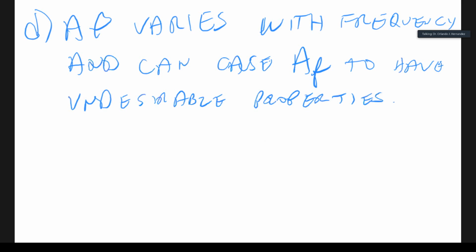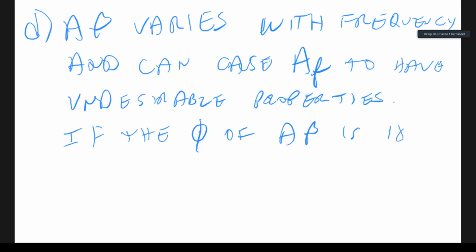Okay, so for example, if the phase of the loop gain is 180 degrees, meaning that the sign of the loop gain is negative, then the error, because the way that you couple is subtractive, then the error is always greater because you're always adding.